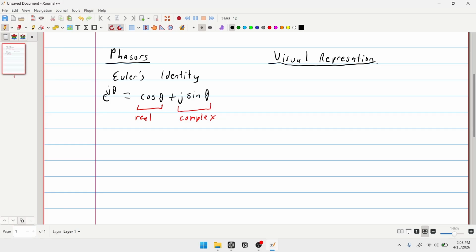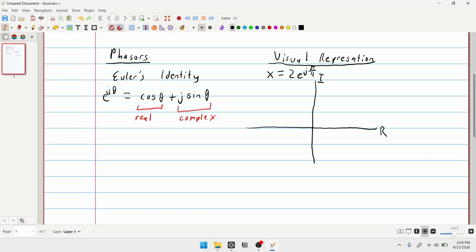Let's say we have x equals 2e to the j pi over 4. Let's get a grid or coordinate system, where the x-axis will have our real part and the y-axis our imaginary part.